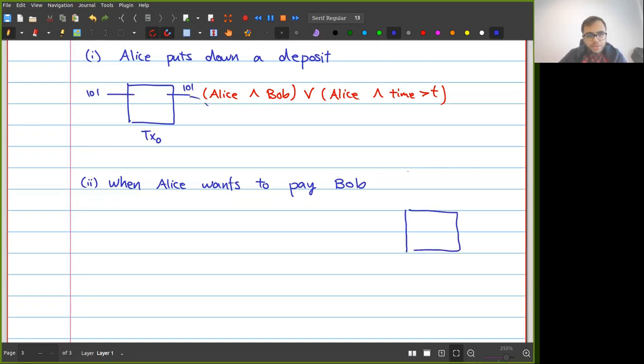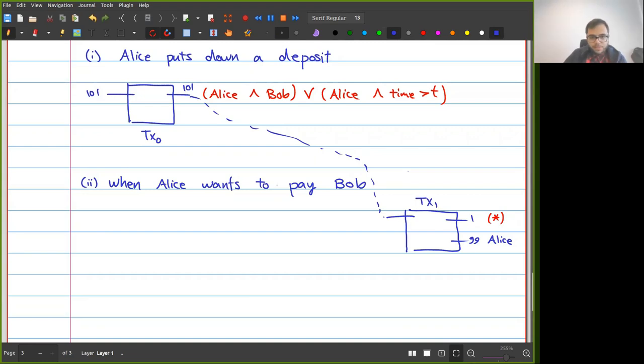She would use this output as the input to her transaction. And then let's say she pays 1 unit here and the rest, 99, back to herself. So I'm going to call this condition here, I'm just going to put a star. I will write what the condition star is. And this is transaction 1.